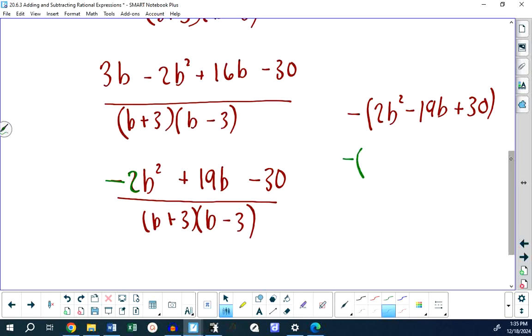Whereas this, my brain can cope with that possibility, right? So given the nature of the numbers, negative 19 and 30, why don't we find out the discriminant here? If the discriminant is a perfect square, then we can proceed to factor it. If the discriminant is not a perfect square, then we are done. Then that last thing we wrote is the answer.